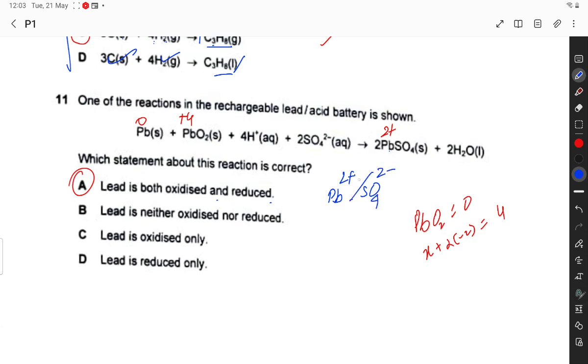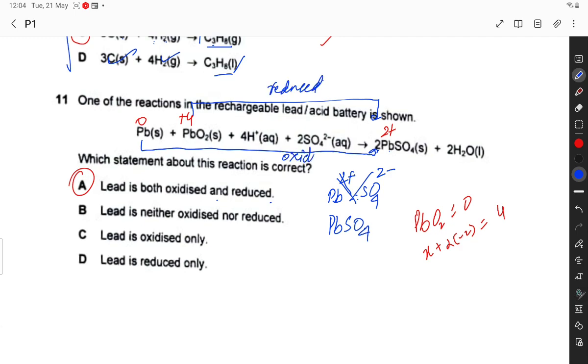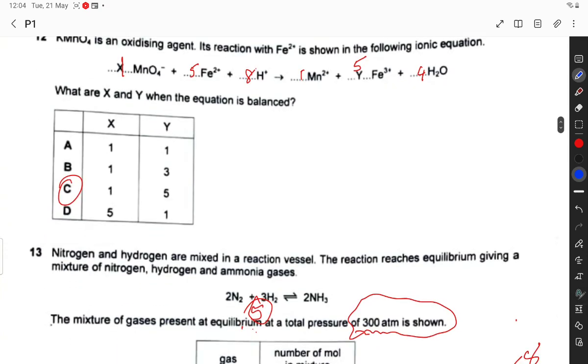So that's why PbSO4. So lead carrying 2 plus charge, and over here 0. From 0 it is going to 2 plus, and plus 4 it is going to be reduced. In this case reduced, and in this case oxidized. So that's why lead is both oxidized and reduced. A option is correct option.